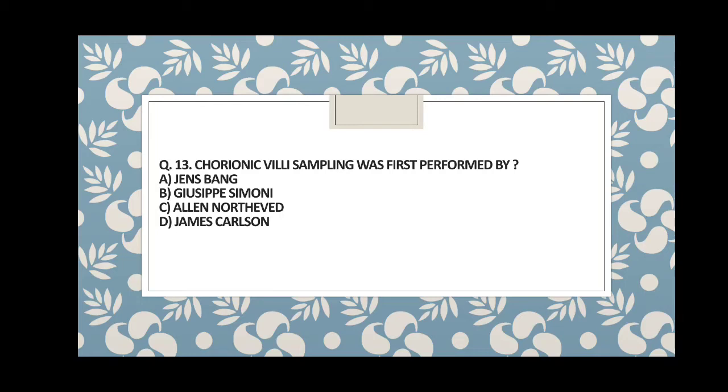So guys, A is Jens Bank, B is Giuseppe Simoni, C is Ellen Northwood, and D is James Carlson. Which of the following answers is correct? The correct answer for this question is B, that is Giuseppe Simoni. He was the first to perform chorionic villi sampling, or CVS in abbreviation.